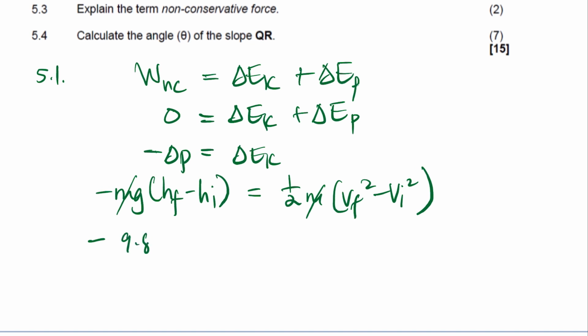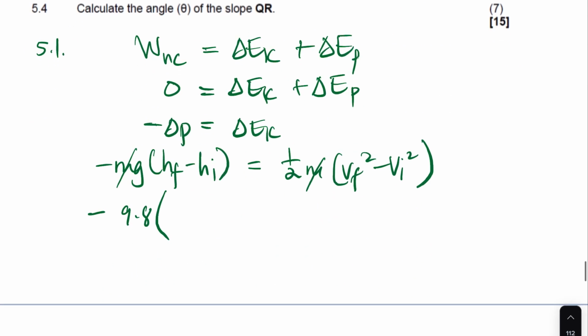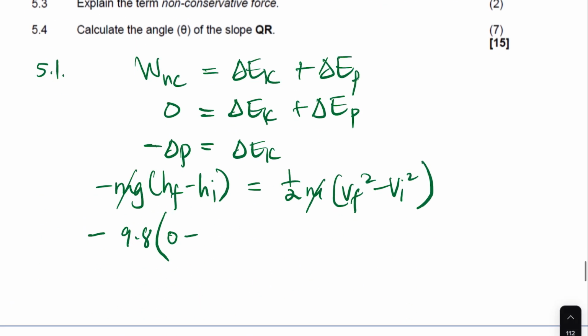So it will be 9.8 times height final. The height final is 0 at the bottom, since it is coming from the top to the bottom, and the initial is 5. And then half, and the final velocity is the one that we want.